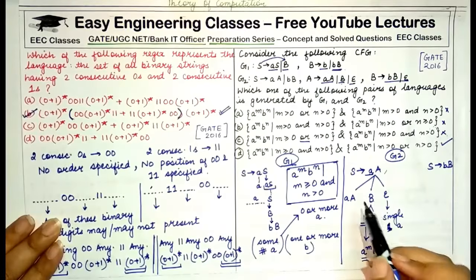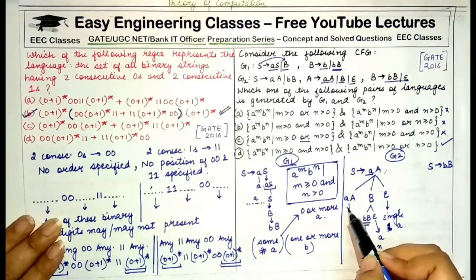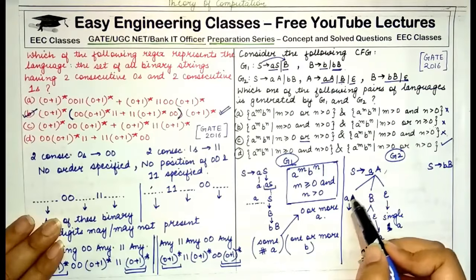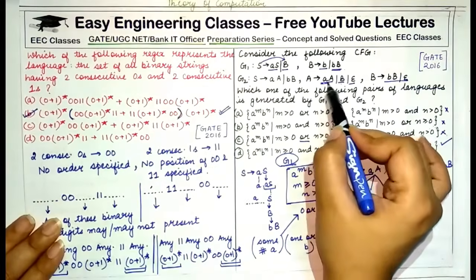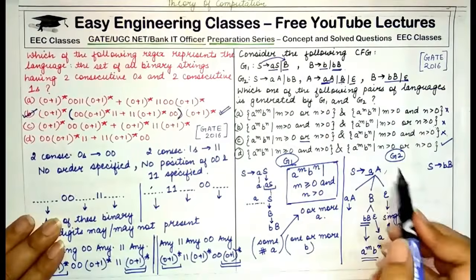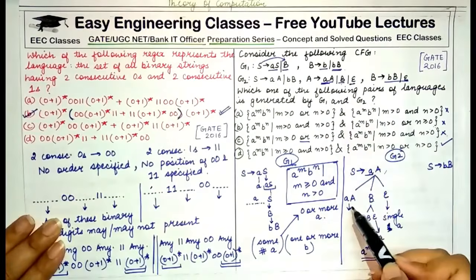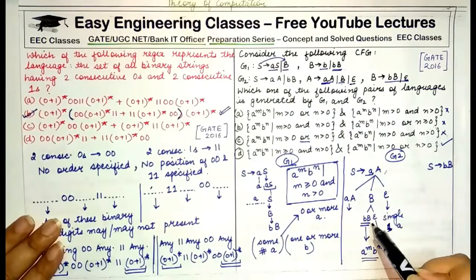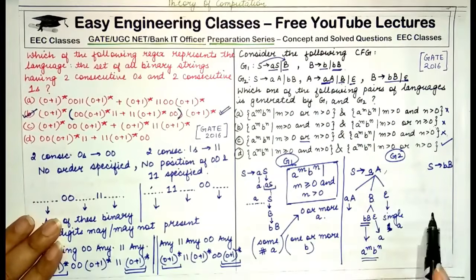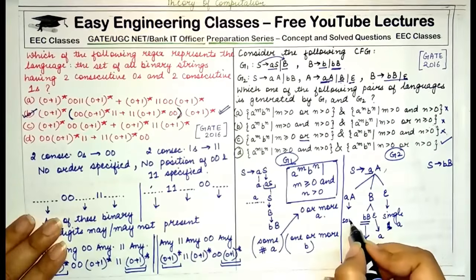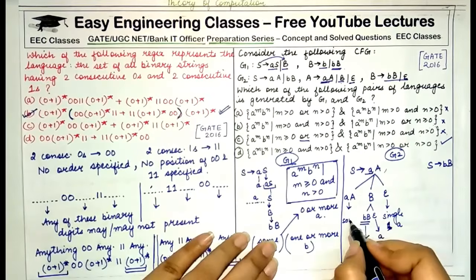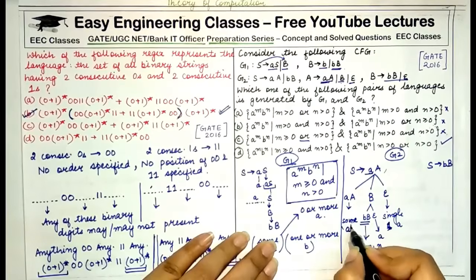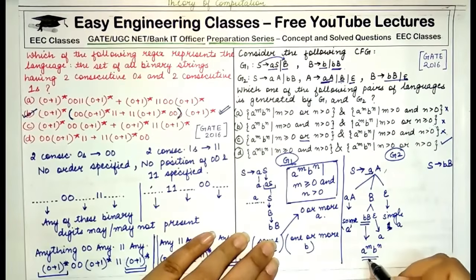So in this case you can always generate some number of A's by following this production, and if you have to terminate, you can use the lambda production, or if you have to follow these A's by some number of B's, you can use the second production A goes to B. So here what kind of strings we can generate? Some number of A's, or some number of A's followed by some number of B's, an unequal or equal number of B's.